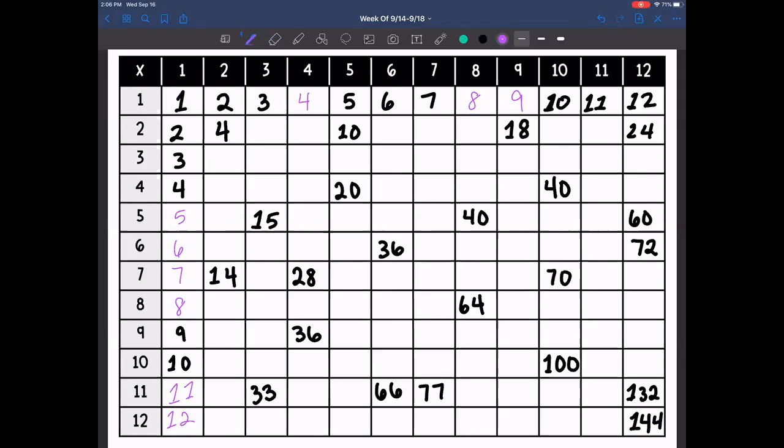These are pretty easy. So we have 2 times 1 is 2. 2 times 2 is 4. 2 times 3 is? 6. 2 times 4? 8.